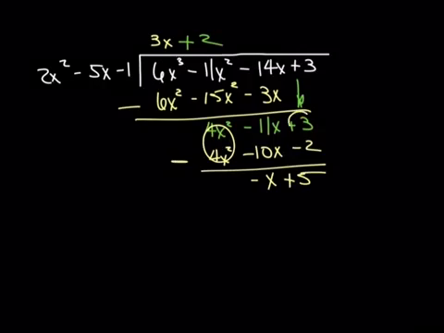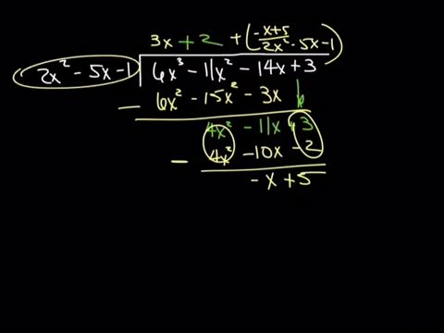I was just dealing with the last terms there, and there's nothing else to do once I hit those last terms. So this ends up being plus negative x plus 5 over 2x squared minus 5x minus 1 from this here. And we are done with that one.